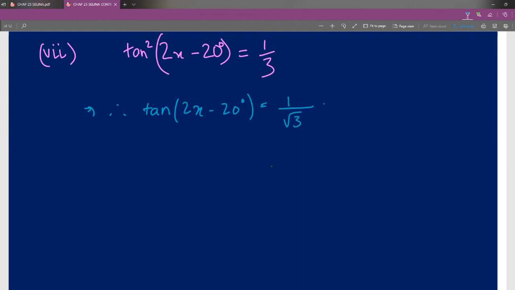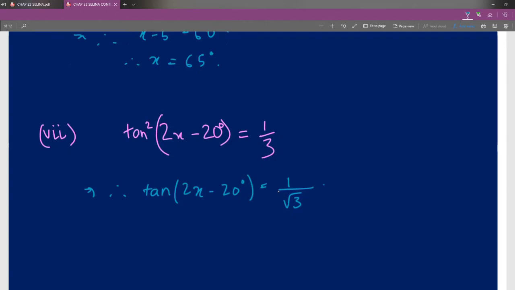Why? Because I understand your plight, you might be asking that, hey, tan square 2x minus 20 degree, the square that is present in the LHS will go to the RHS and the correct answer would be 1 upon root 1 upon 3. So there will be a whole root and inside that there will be a fraction 1 upon 3.